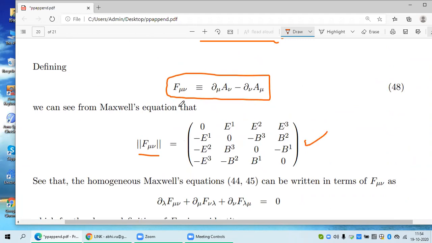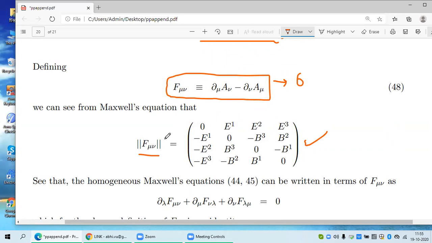It is a 16 component object, but the antisymmetry makes it 6 independent components, and these 6 independent components are 3 components of electric field and 3 components of magnetic field. So in that way, this f mu nu captures all these basic 6 fields, basic 6 functions, which are required to express the electromagnetic phenomena.